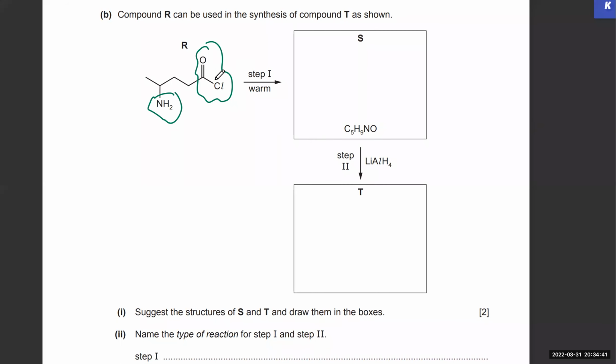So over here, something similar would happen because they don't have anyone else to react with. So they're going to react with each other. I mean, that's 1, 2, 3, 4, 5. So it's not two molecules reacting together. It's a single molecule that has ended up forming an amide.